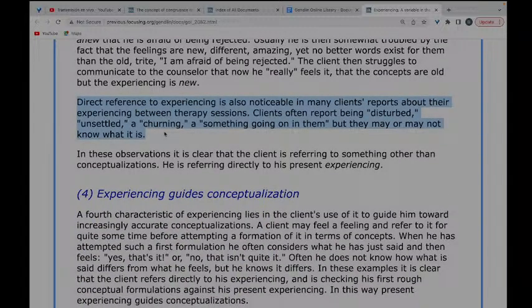Direct reference to experiencing is also noticeable in many clients' reports about their experiencing between therapy sessions. Clients often report being disturbed, unsettled, a churning, a something going on in them, but they may or may not know what it is.